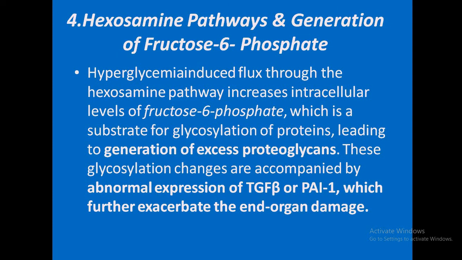It is a substrate for glycosylation of proteins. It means that it will lead to increased excess proteoglycans. And what are the effects of these proteoglycans? These excess glycosylation changes are accompanied by the abnormal expression of TGF-beta or PAI-1, which will further exacerbate the end organ damage.